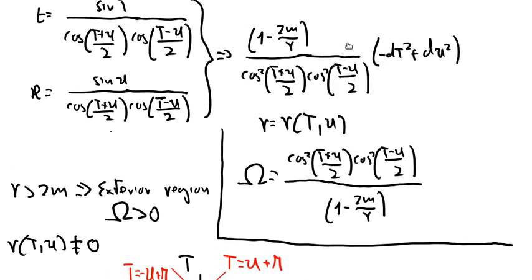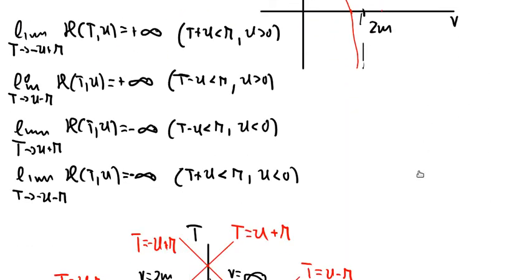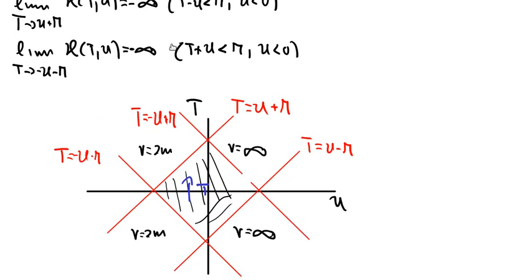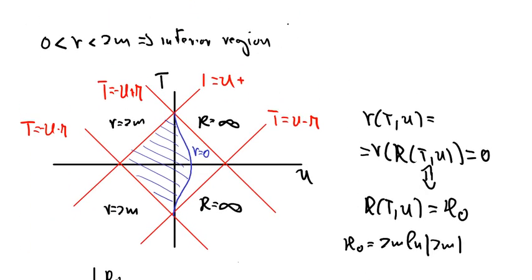By looking at the expression of the metric, we deduce that now small u will represent time. So the time orientation goes along u.